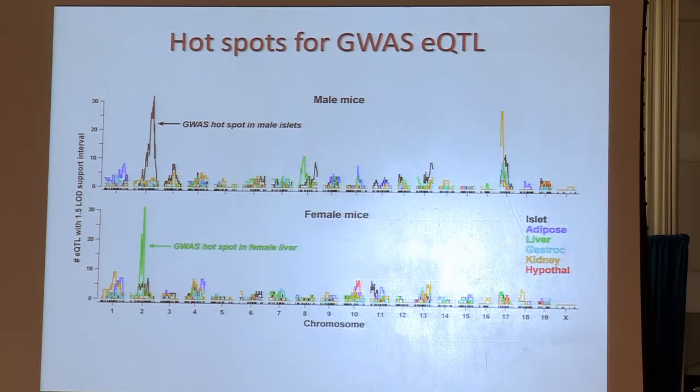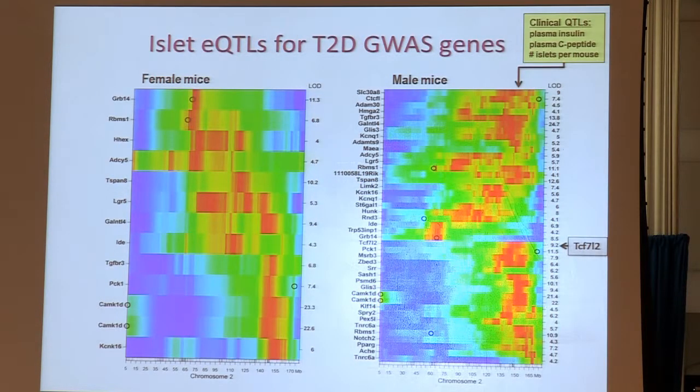And can we actually validate that as playing a role in the function? This shows actually a heat map of those genes. So on the left are the female GWAS eQTLs. On the right are the males. And you can see many more genes mapping to the chromosome 2 locus in the males than the females. Some of them are cis.